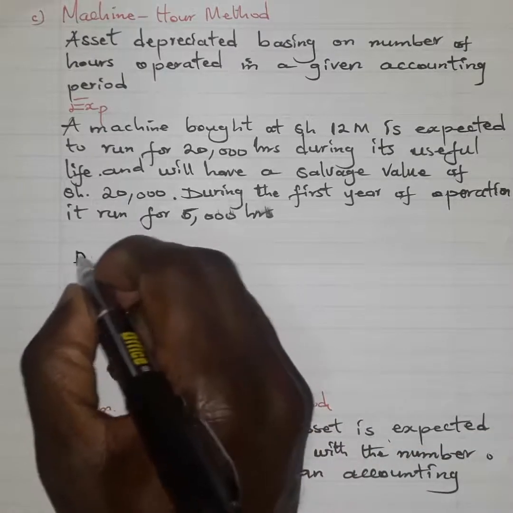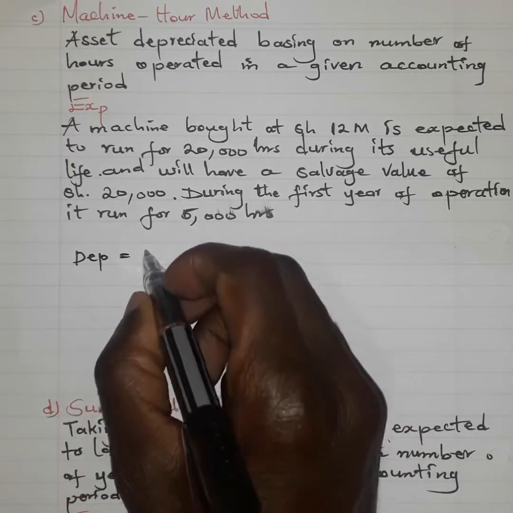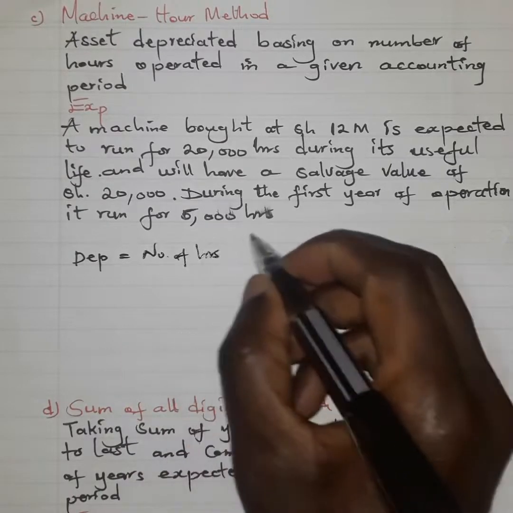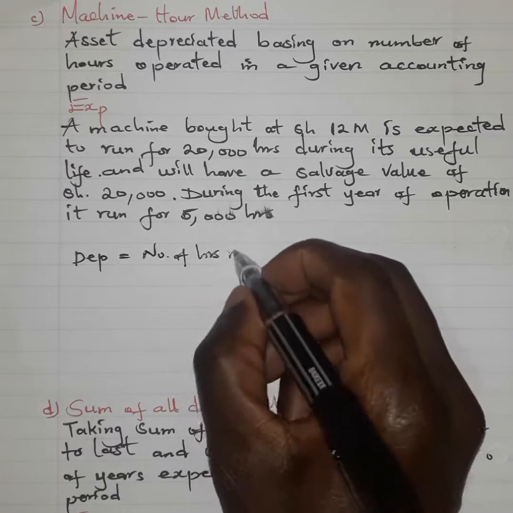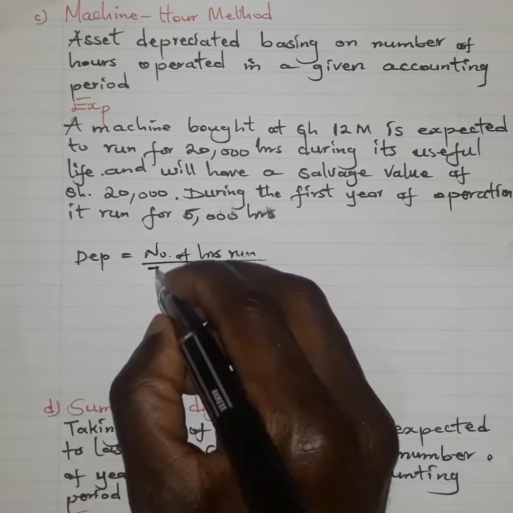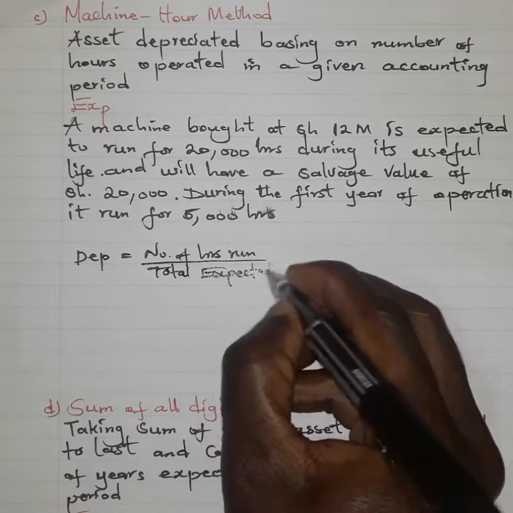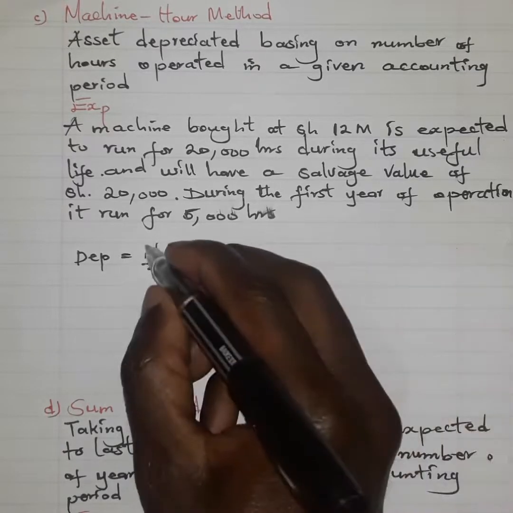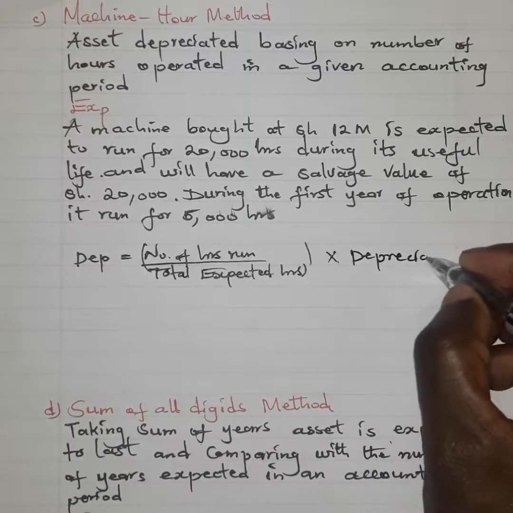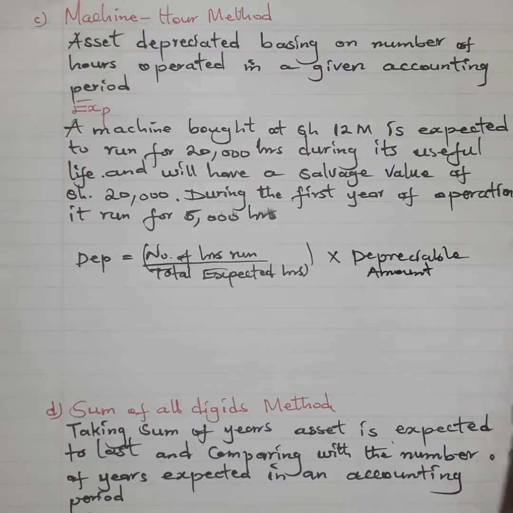Now, in this example, to get depreciation, we divide the number of hours that this particular machine ran by the total expected hours, and multiply everything by what is known as the depreciable amount. That is the amount that should be subjected to depreciation.